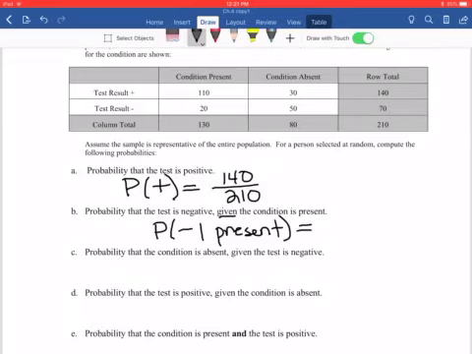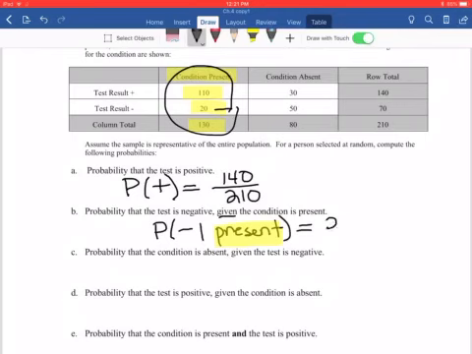Okay, so anytime you're doing a conditional probability, you only want to look at that row or column. So I look for, is it a row or column that has the condition present? Here's condition present. That's a column, right? So that means I'm only looking at these numbers when I calculate this probability. So out of those numbers, I'm looking for the number that had a negative test result.